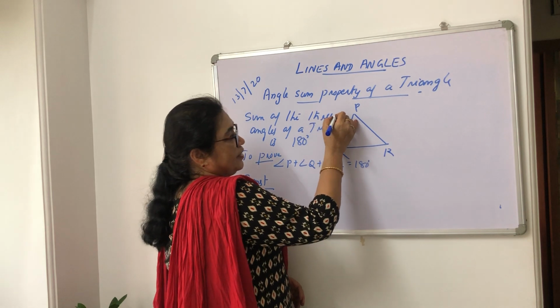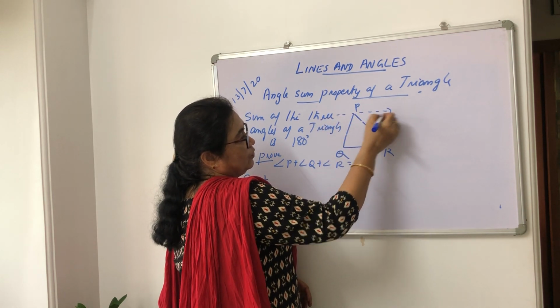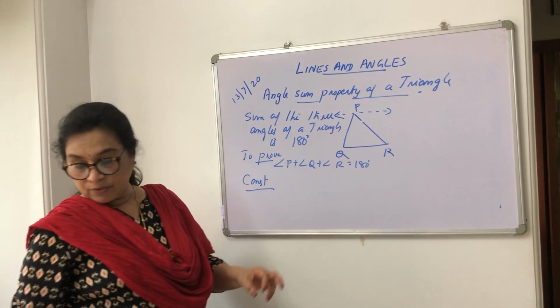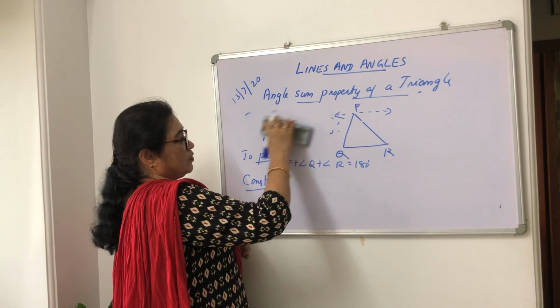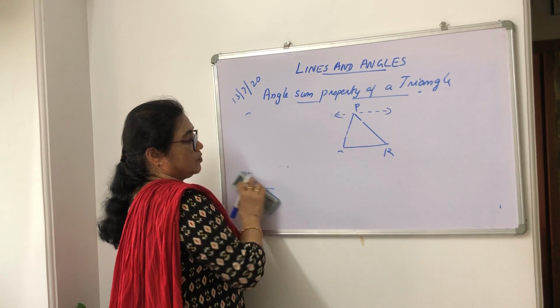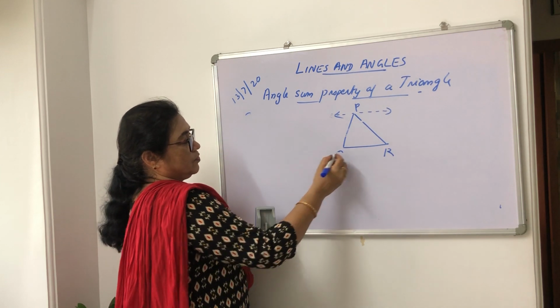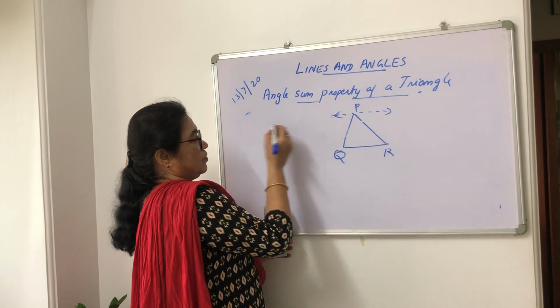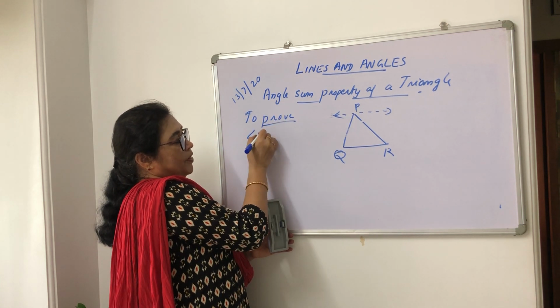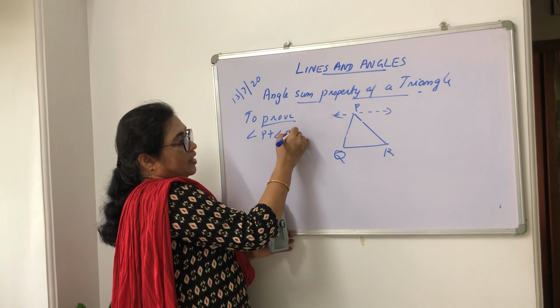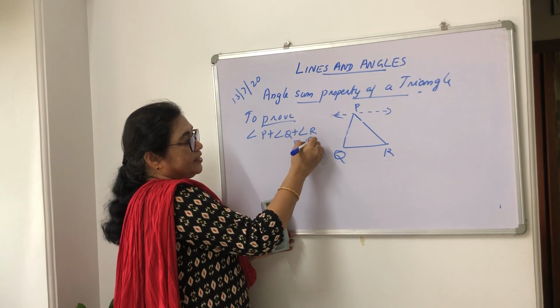Draw a line parallel to QR. So you need to prove angle P plus angle Q plus angle R is 180 degrees.